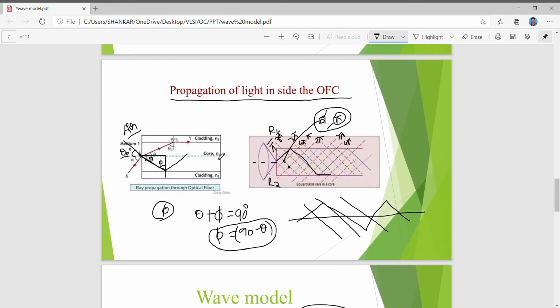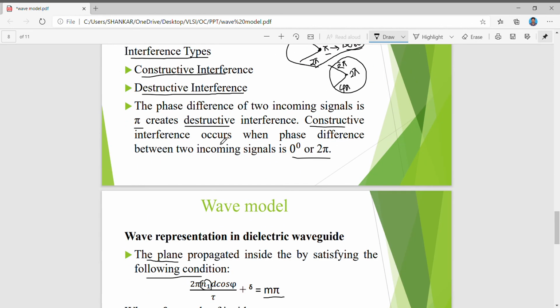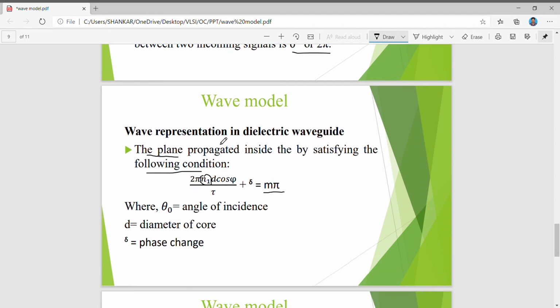This is having the refractive index of n1, and the cladding having the refractive index of n2, while the medium air is having the refractive index of n0. The medium air has n0, the core has n1, and the cladding is n2. So we insert the signal from the air into the core.